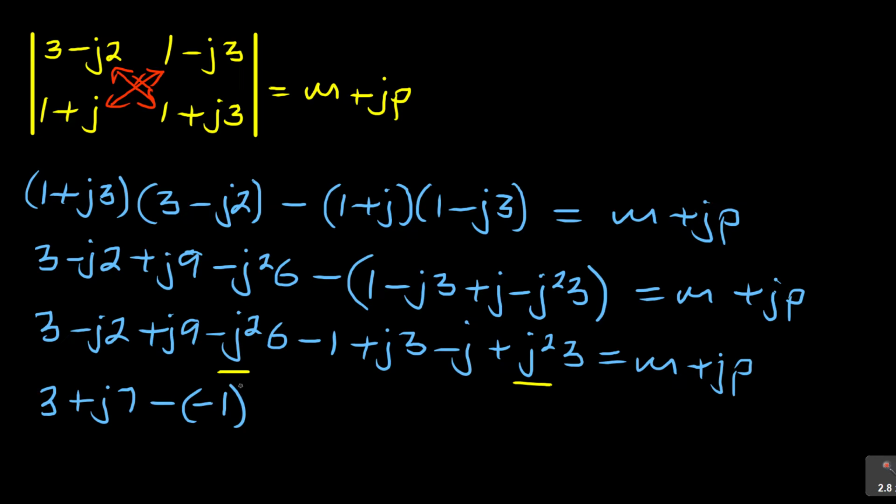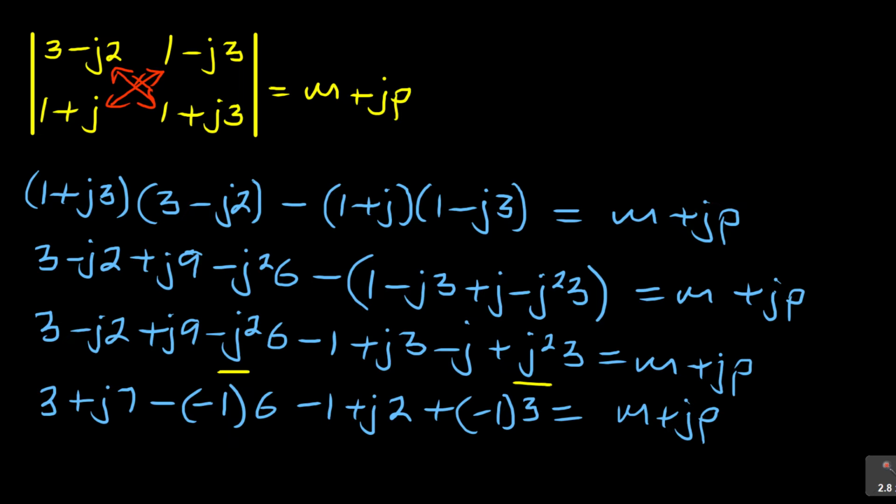So we also have minus 1 multiplied by 6 minus 1, and then j3 minus j, meaning 3 minus 1, which is plus j2, and then again plus j squared there becomes negative 1 times 3, and this is equal to m plus jp. Are you getting that?